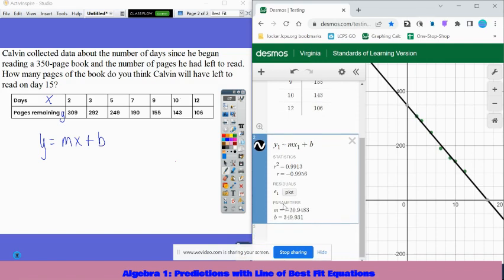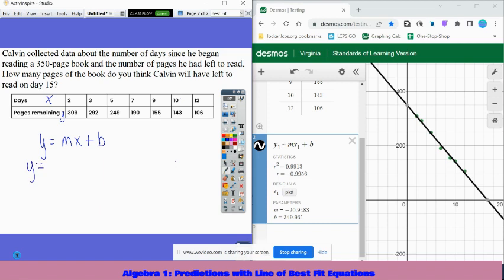I can keep on scrolling down to my parameters. I get my M value. It's a negative number, and that makes sense. The number of pages that are remaining is decreasing as we go along, so I would have a negative slope. And I get my B value. So we plug these into our equation.